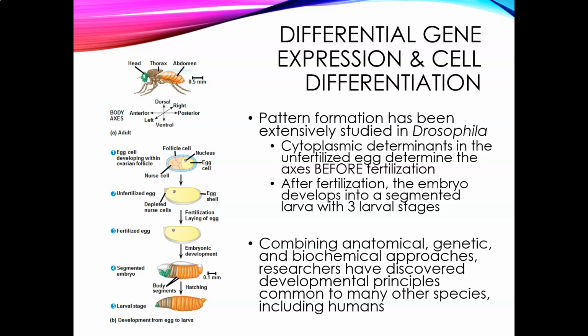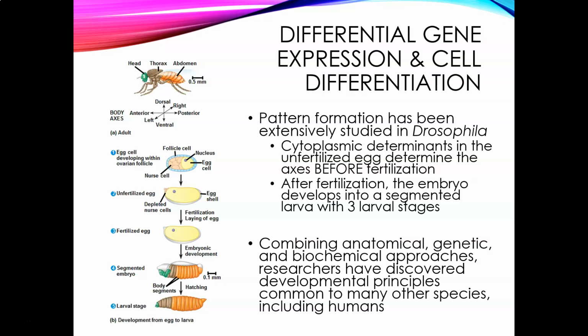When we look at where those certain cytoplasmic determinant molecules are isolated in that unfertilized egg, it already is setting up the axes before fertilization even happens, so that once fertilization occurs and those cells start going through cell division, certain concentrations of those cytoplasmic determinants are set up to be isolated in the head, these quote unquote head cytoplasmic determinants. The cytoplasmic determinants that are meant to be in the thorax end up in another subset of cells, and then the abdomen towards the back as well.